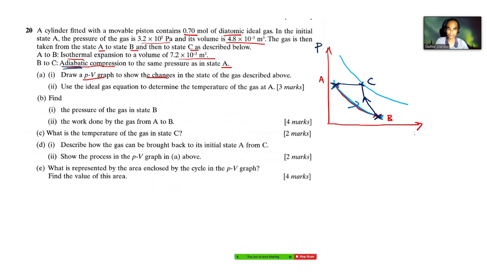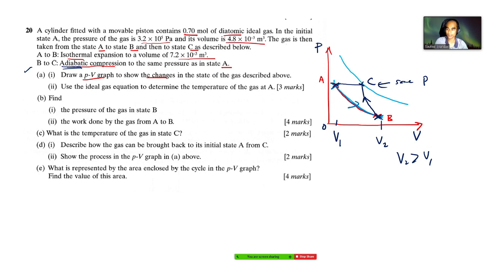This is a PV graph, remember? So A and C, same pressure. So here we have V1 and V2. V2 is bigger than V1, as mentioned in the question. Now we have a graph of it.